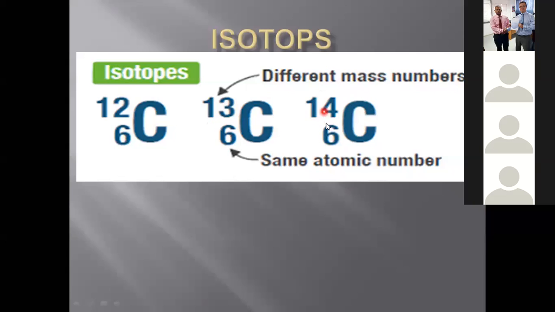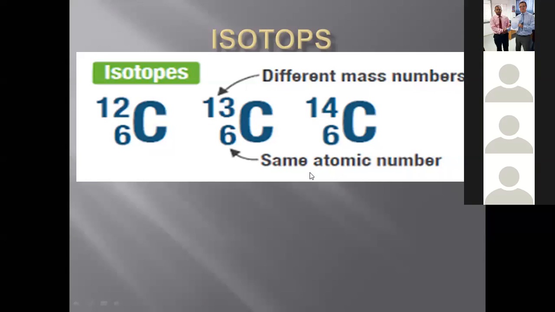How many neutrons here? Abdulaziz? It's 8. What you did? I subtract 14 and 6. Yes, 14 minus 6, so it will be 8.